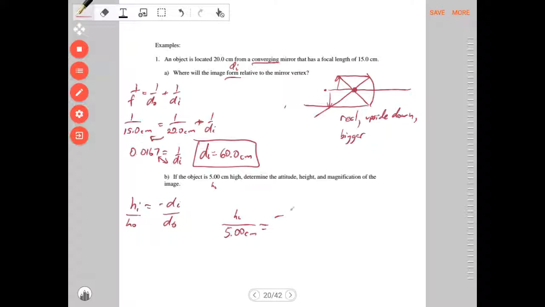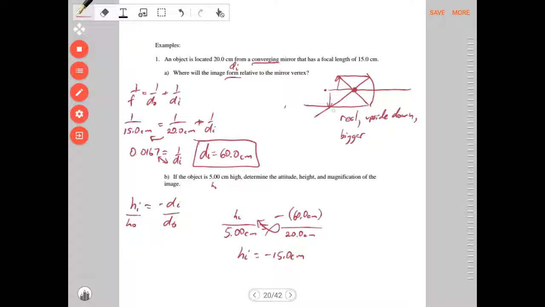DI was 60, so 60.0 centimeters, and DO was 20 centimeters. Then of course we cross multiply and divide, and when we work that out, HI is negative 15.0 centimeters.